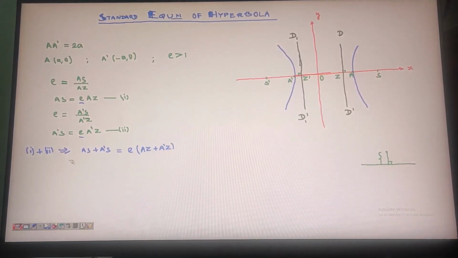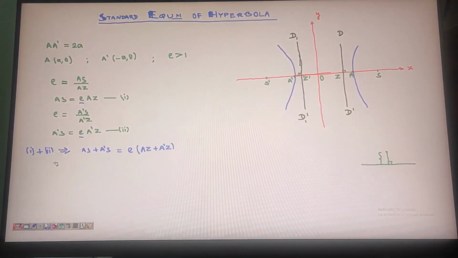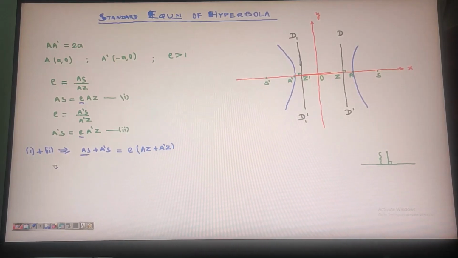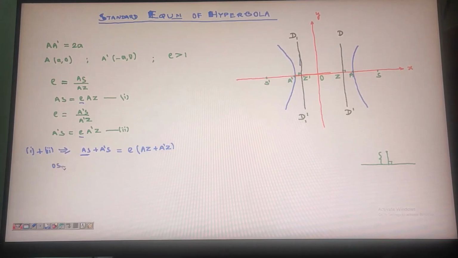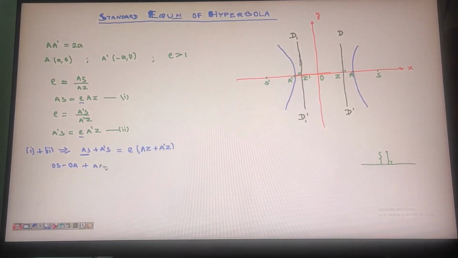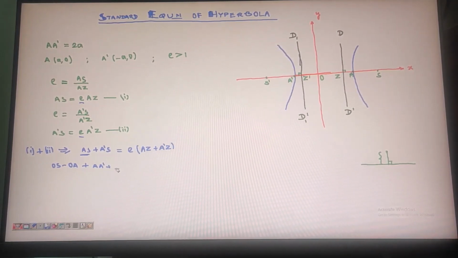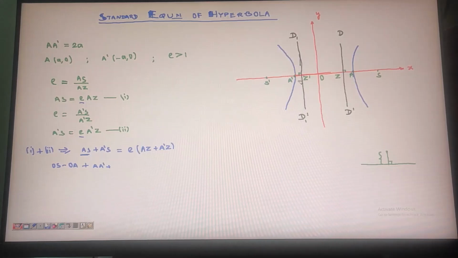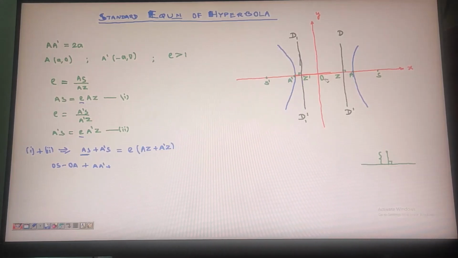OS minus OA. This is the AS plus A dash S. A dash S is nothing but A dash O plus OS.